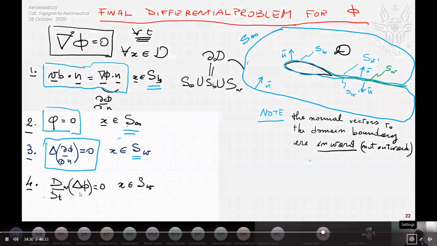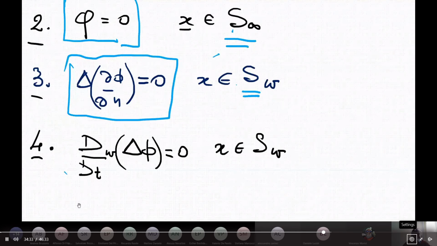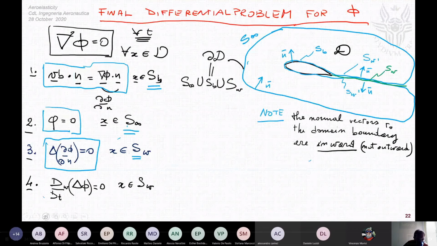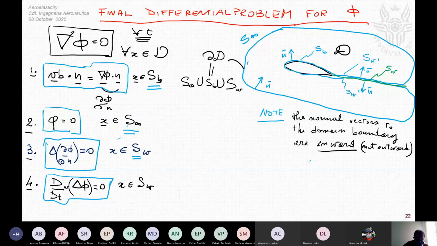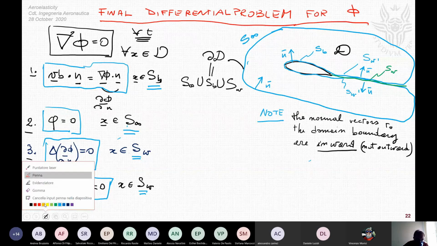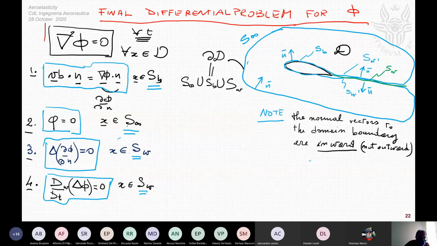Okay? Now, only now, we have completed the definition of our unsteady compressible potential flow. It's absolutely true that in your differential equation you don't have time. But you have time as an important independent variable in your boundary conditions.